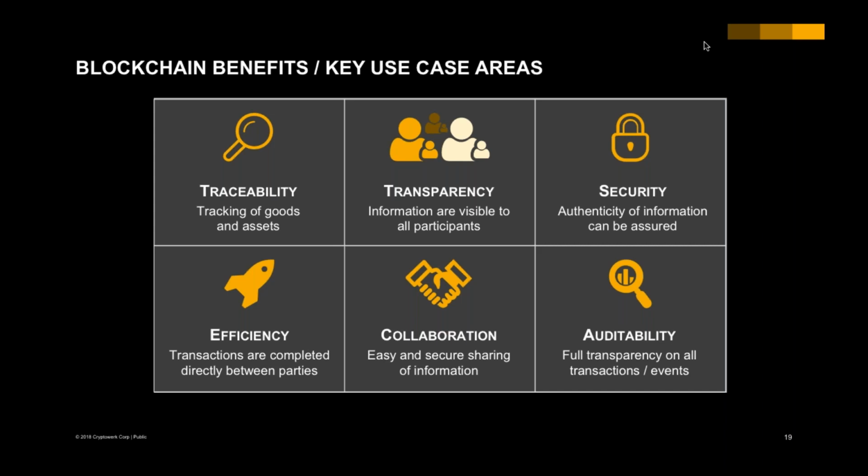Traceability is one of them. You can imagine if you have a supply chain, also called track and trace, and you'll see a use case in a moment, where various parties, manufacturers, wholesalers, logistics, down to hospitals and pharmacies, need to transact with each other along a supply chain, and there are counterfeits coming in.